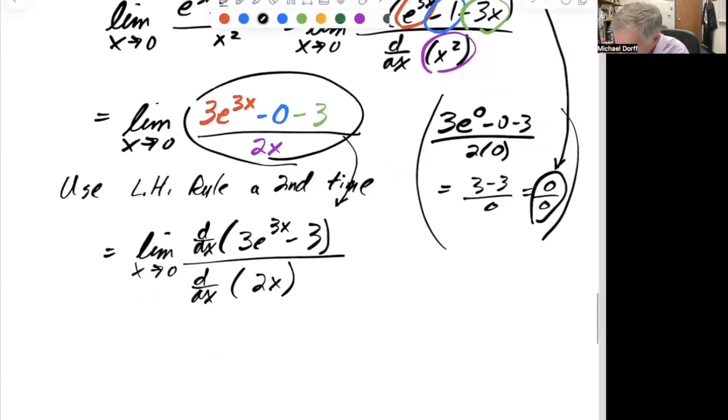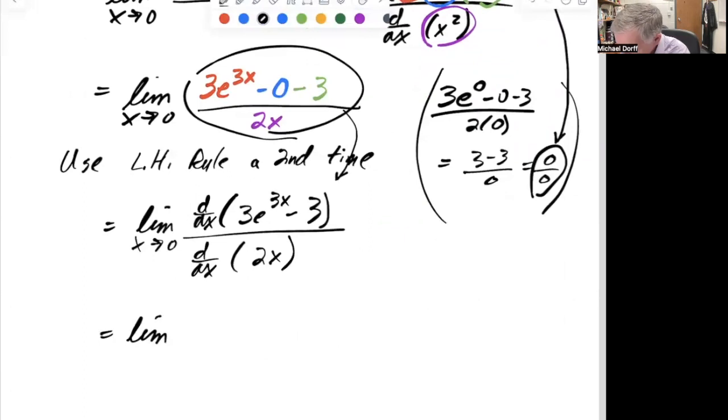All right, so then that's going to equal the limit. And now I'm going to take the derivative of 3e to the 3x. I bring that 3 from the exponent out front, and I'm going to get 3 times 3 or 9e to the 3x.